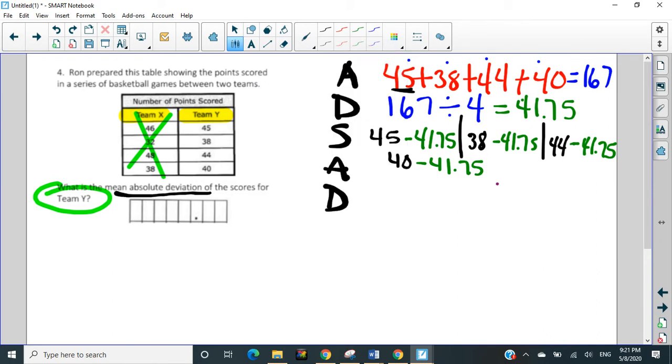Okay, so we're going to add whatever answer we get from here. So 45 minus 41.75, it's going to be 3.25, plus 38 minus 41.75 is 3.75.